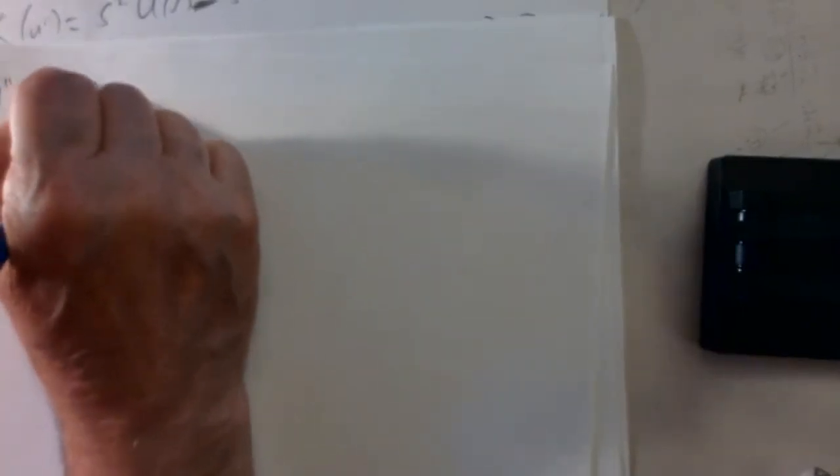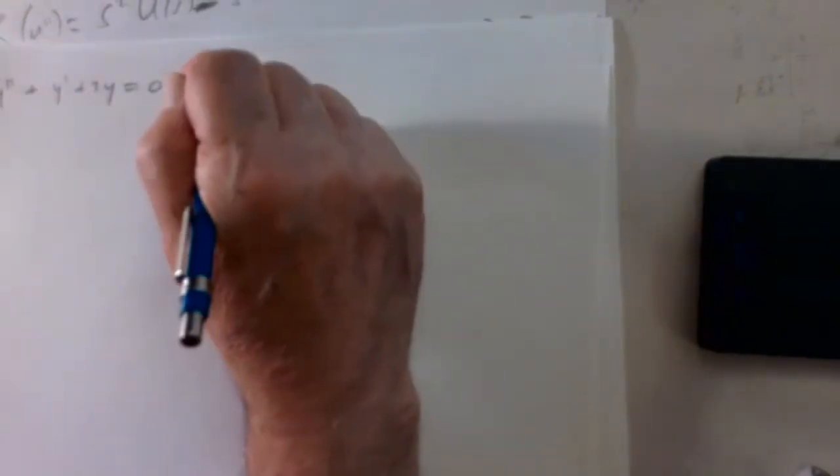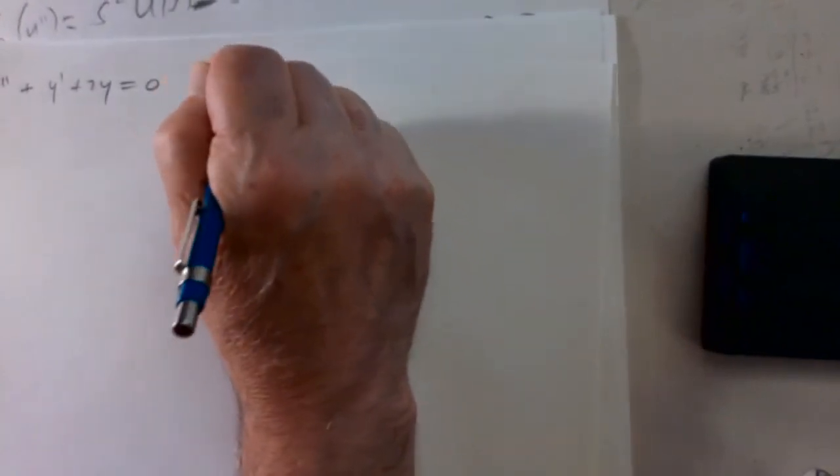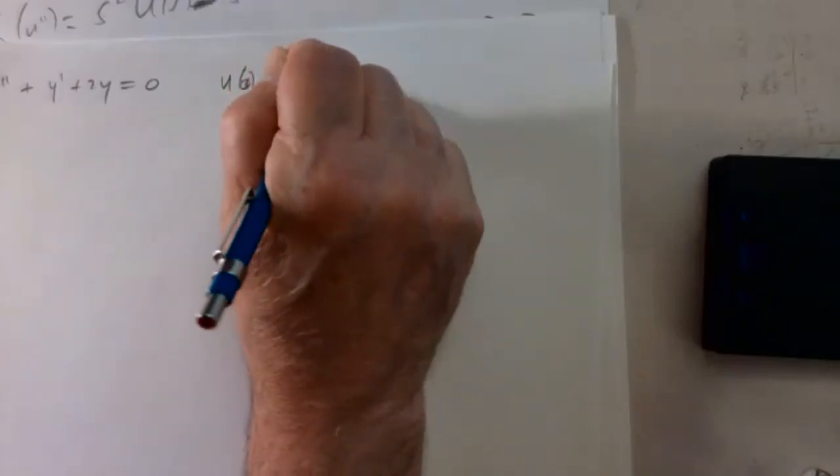So you want to solve y double prime plus y prime plus 2y equals 0, with the initial conditions y of 0 and y prime of 0 both equal to 1.